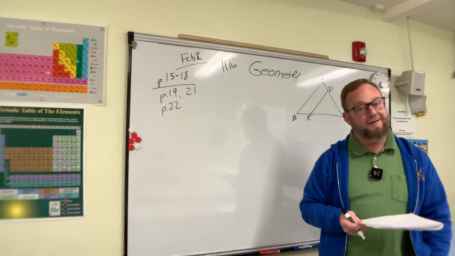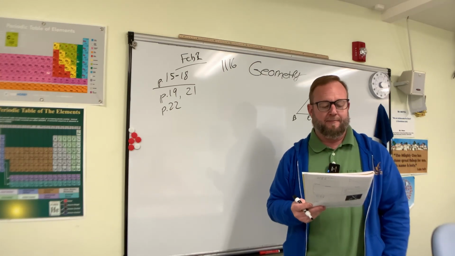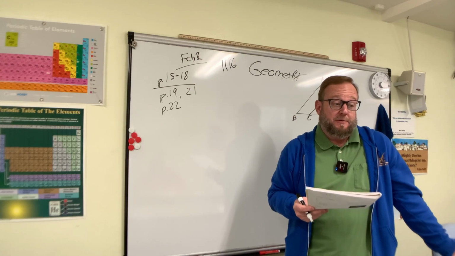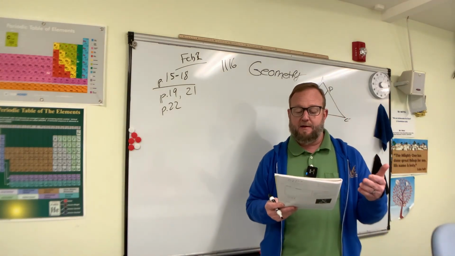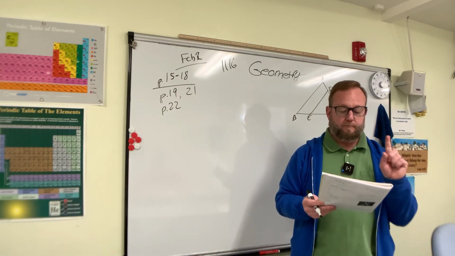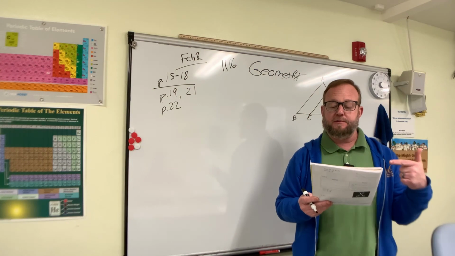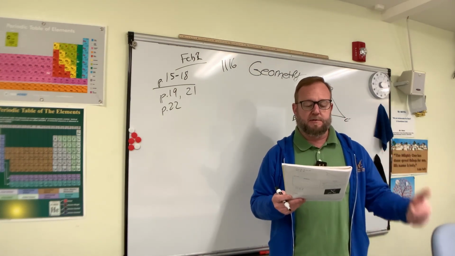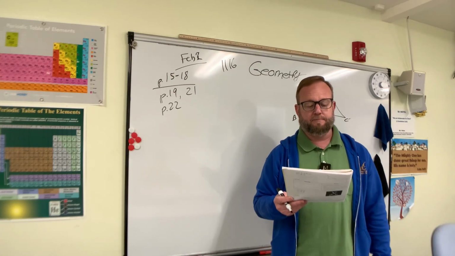Well, they didn't leave you much room for thinking on proof number 1, did they? But what is the one missing piece that you do get to think about and fill out? Well, look at the reason. If a line is parallel to one side of a triangle and intersects the other two sides, then the triangle formed is similar to the original. So would we say that those two triangles are similar?